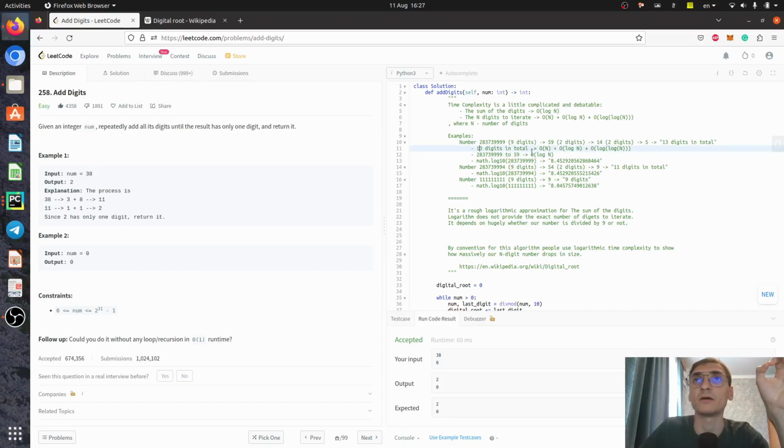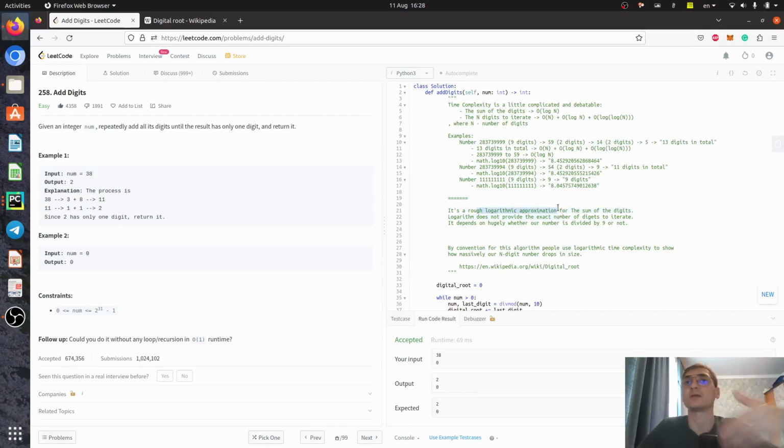In this case we had 13 digits to iterate, and it was approximately O(n). Firstly we had 9 digits, then 2 digits, and then 2 digits, and that's it. So O(n) plus O(log n) plus O(log n), and so on. Again, this is a rough approximation.